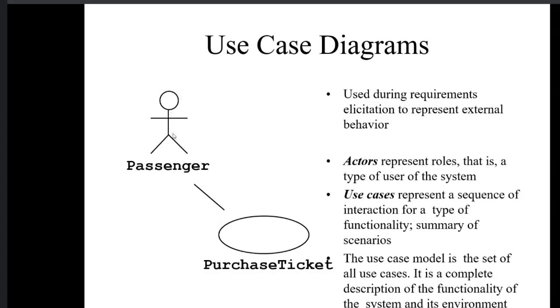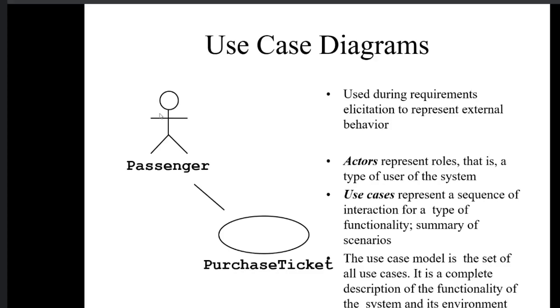This representation is for actor, and this oval thing is your use case. Okay, suppose it is purchase ticket, so it is a functionality that your system should have. So you represent your functionality in an oval. So this is your use case, and this is the actor. So we will see the actual use case diagram as well.